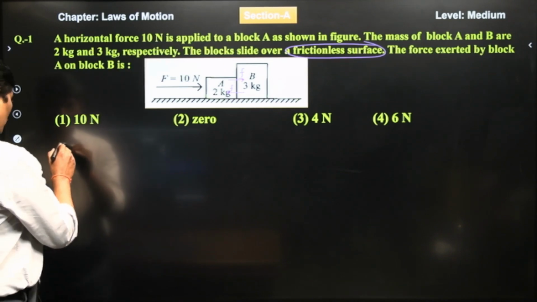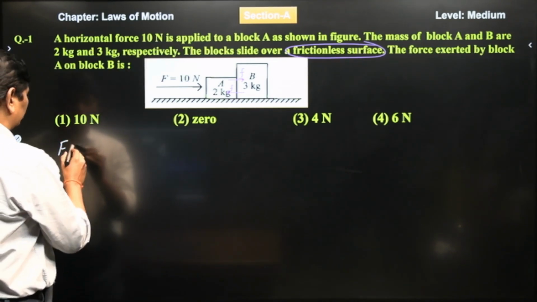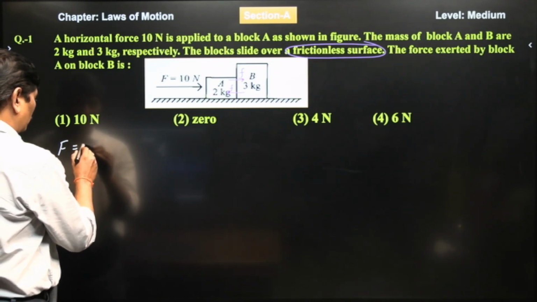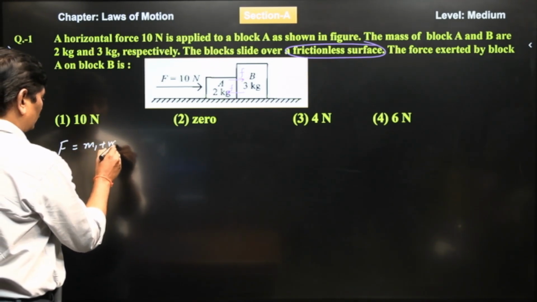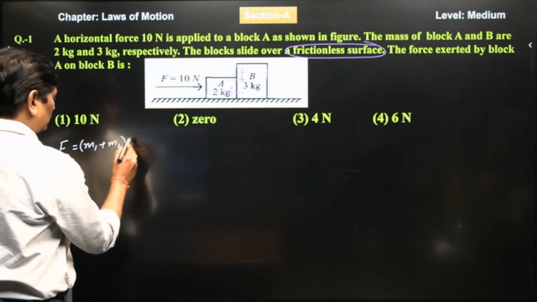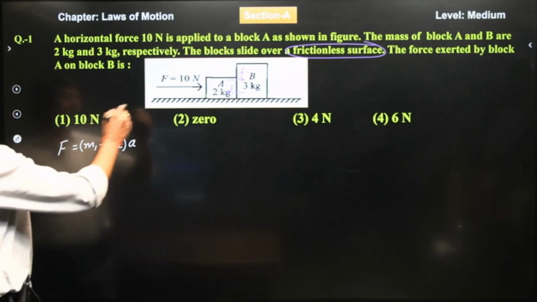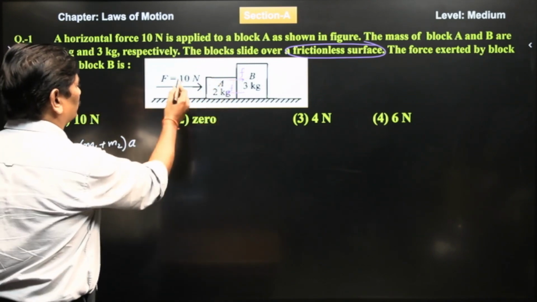Apply Newton's second law for the system. The net force acting on the system is equal to total mass of the system, that is m1 plus m2, as 2 blocks are there, and acceleration. The total system getting acceleration A under the action of this force.